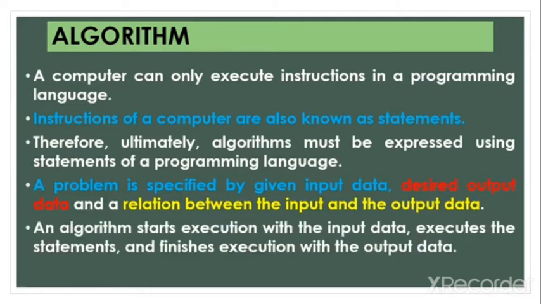An algorithm starts execution with the input data, executes the statements, and finishes the executions with the output data. So as I told you, algorithm just collects the inputs and executes the inputs with the help of statements, and after that we'll get a desired output.